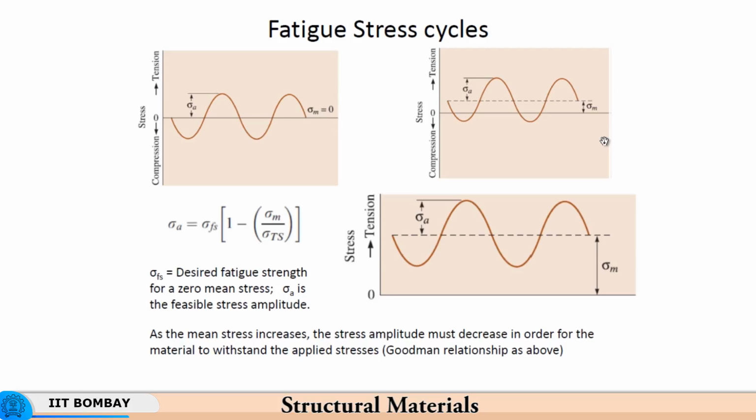If sigma m is very close to sigma Ts, as you see here, it has gone up and it is approaching sigma Ts, then there is a risk that your sigma amplitude might have to be 0 altogether, because as sigma m approaches sigma Ts, then there is uniform load or time independent load.